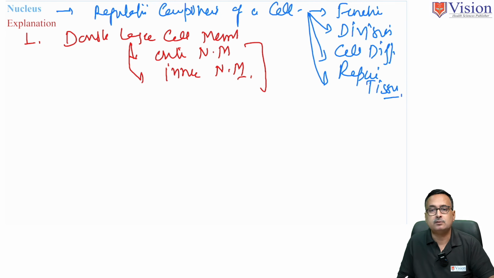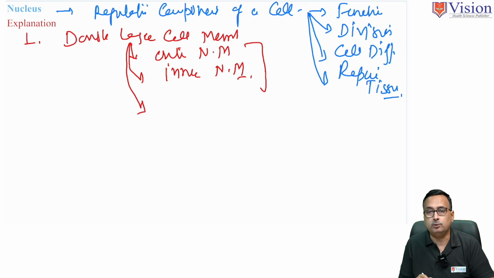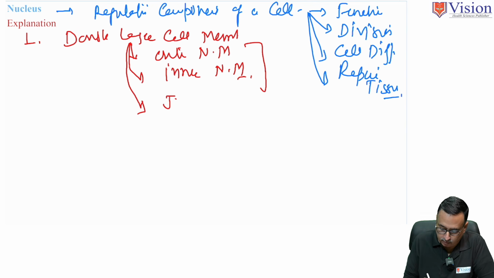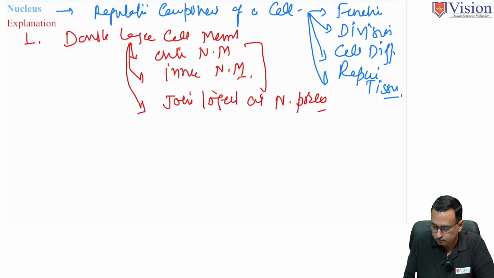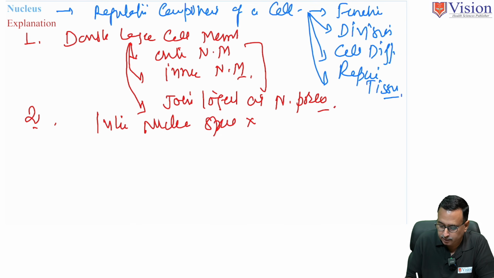These two membranes are not completely separated because they join together at nuclear pores. So they remain separated. Second part, the internuclear space contains fluid. Third component, nuclear pore.